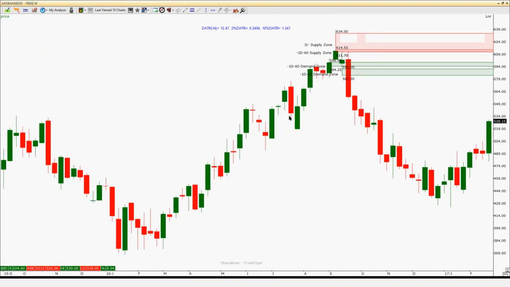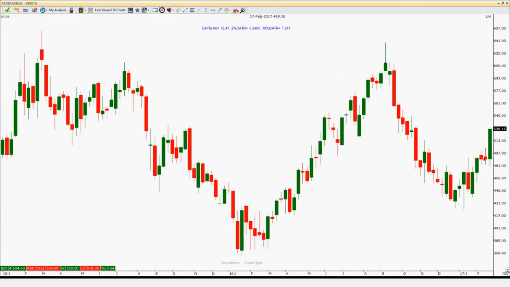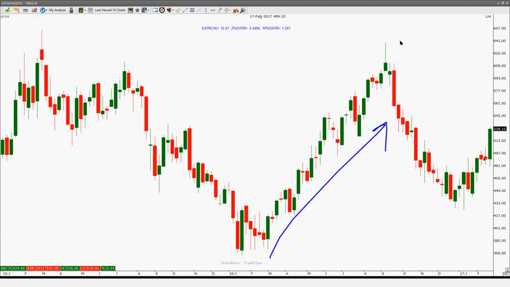So similar to that, let me just hide everything. Can you see this? Exactly at the same time, there was a strong rally in Axis Bank, and this candlestick pattern emerged near this resistance area or a potential distribution area, very deep inside that.